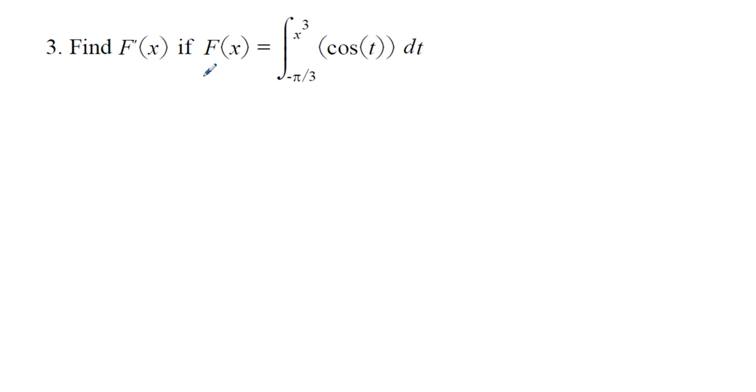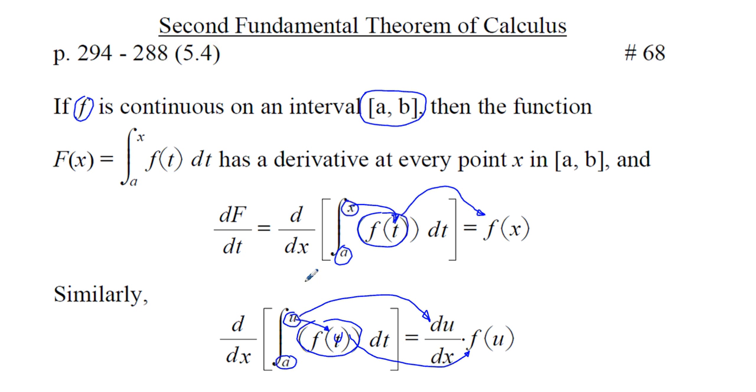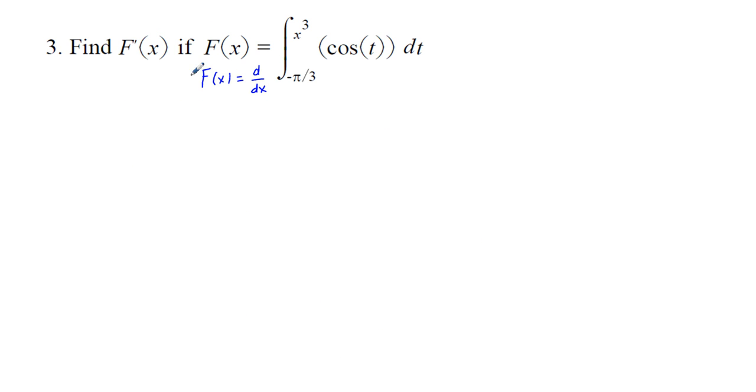Well, again, F prime of x equals d/dx of this integral here. So we take this x cubed, replace this t, and we're going to be multiplying that by the derivative of x cubed.